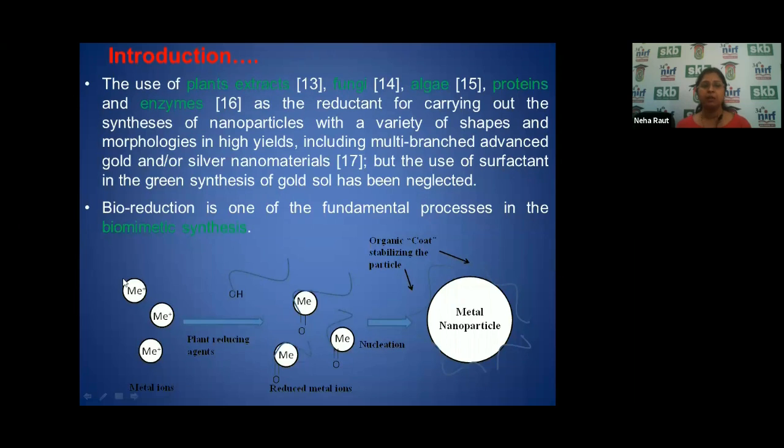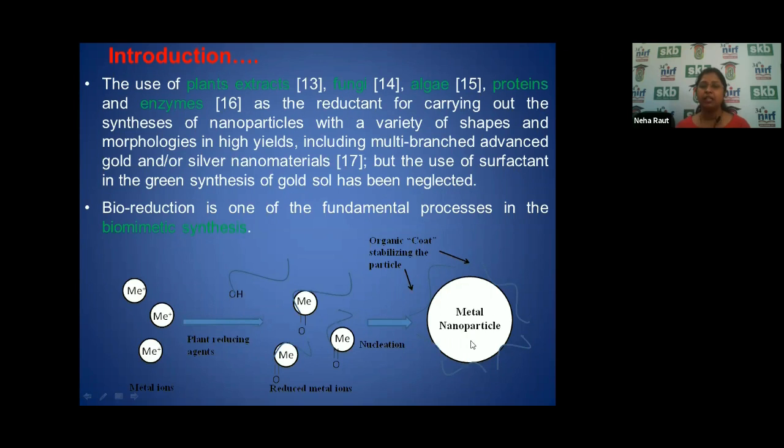So this M represents metal ions. When we treat these metal ions with the plant reducing agents, that are phytoconstituents, which most of the time have the OH moiety, it reduces the metal ions to smaller molecules. These are also called biomolecules. Further, these biomolecules aggregate, nucleation occurs, and it forms the metal nanoparticle.